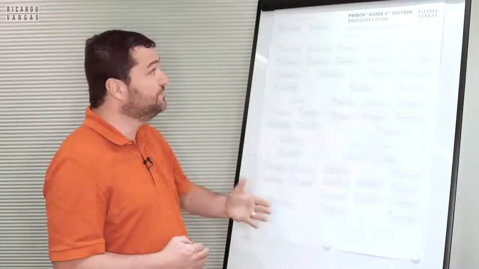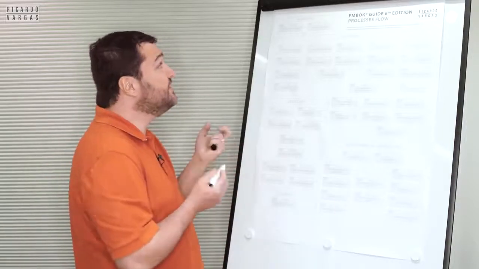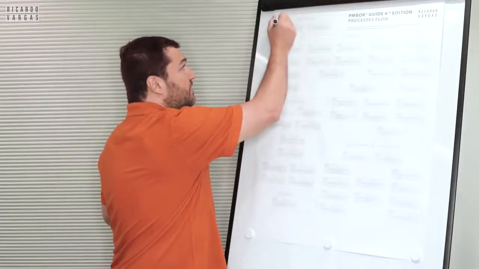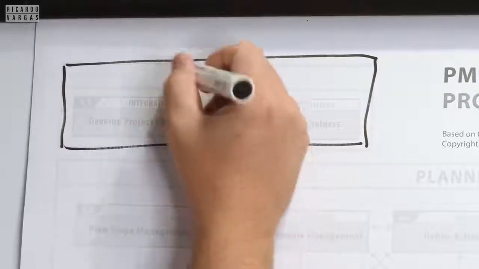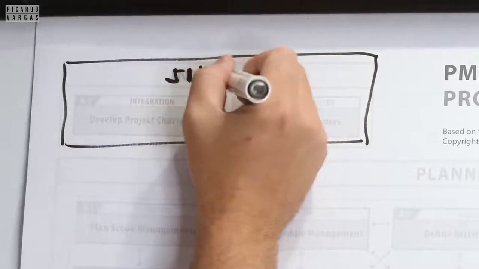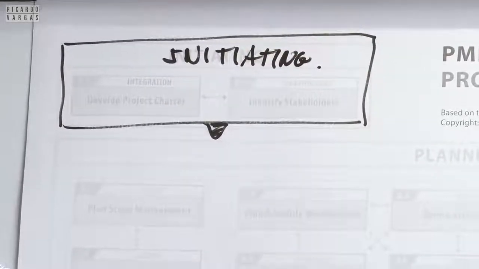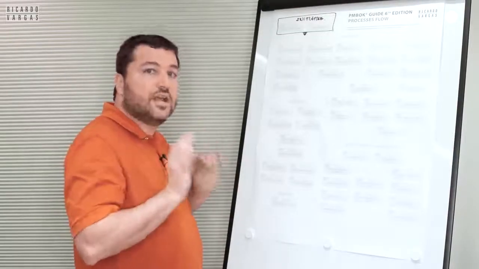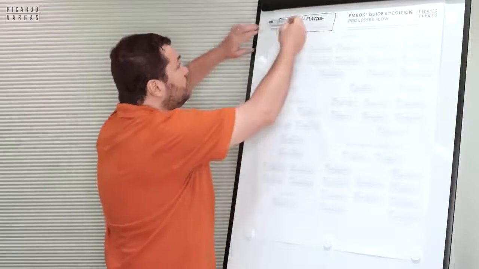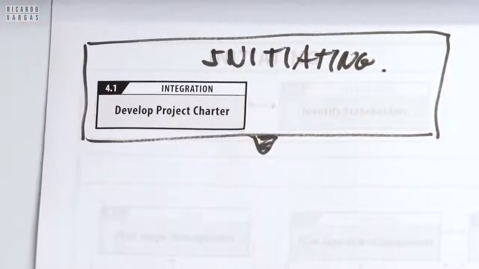The first thing we need to understand is that every single project starts with what we call the initiating process. Basically, when you start a project, it doesn't matter which kind of project, you start by developing the project charter.